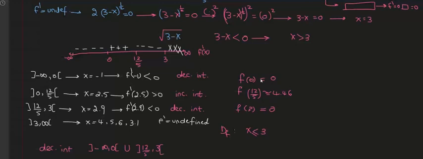Therefore before the 0 the function was decreasing followed by increase, so this was a relative minimum, and here the function was increasing followed by decrease, so this was a relative maximum.